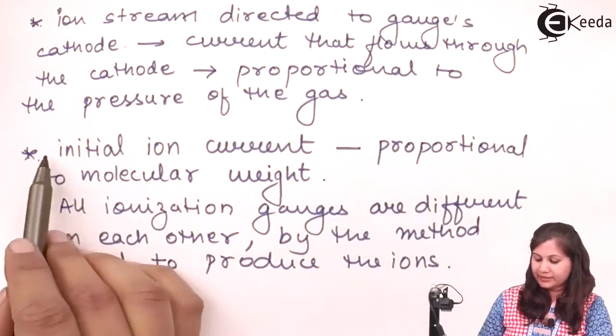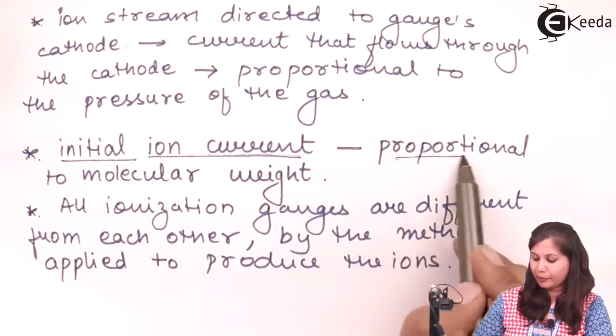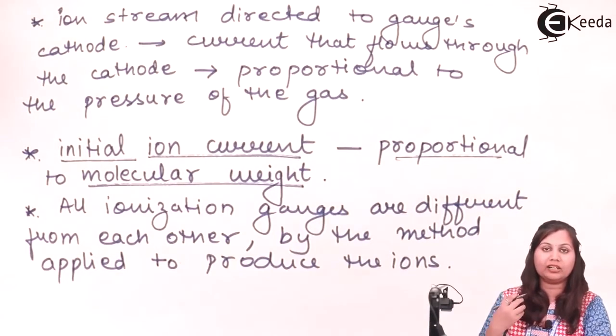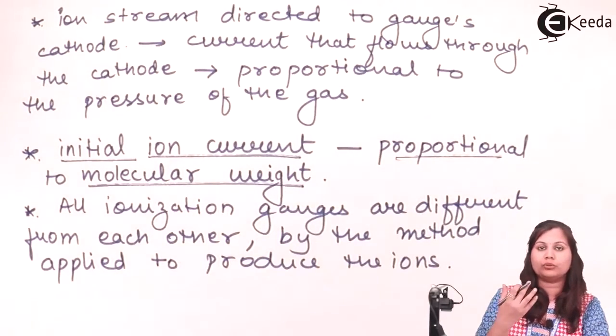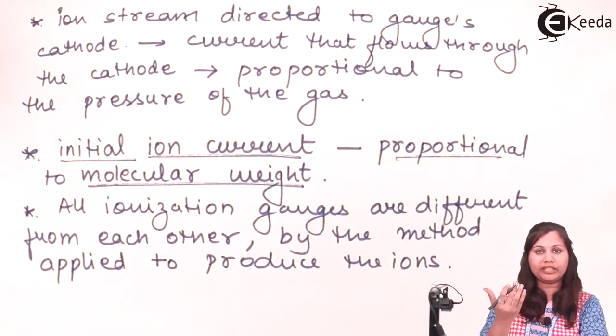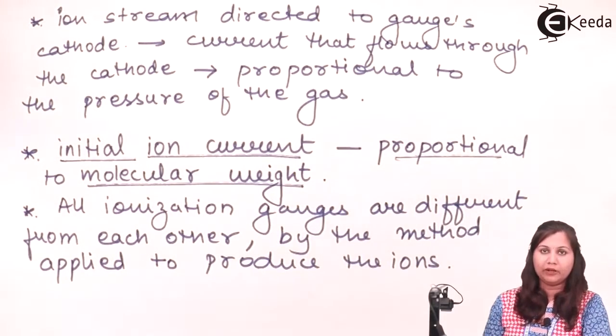Now here I have said that the initial ion current is proportional to the molecular weight. So if any gas has a higher molecular weight, a large amount of current will be flowing. If it has a lower molecular weight, then less current will be flowing.